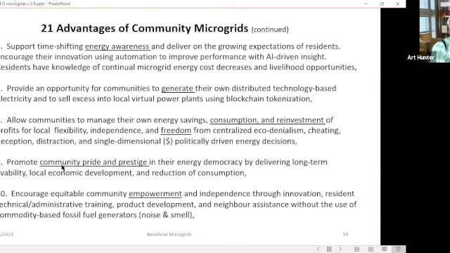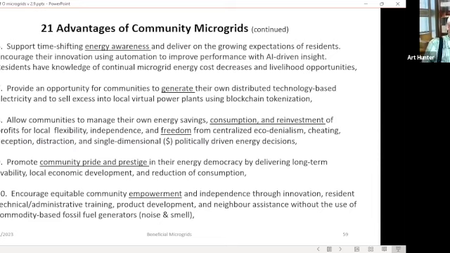Promote community pride and prestige in their energy democracy. And in a community, if they own it, they've got skin in the game, and they're happy to talk about economic development and what their latest methods are in reduction of consumption.